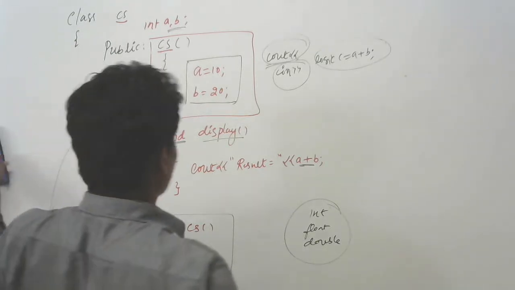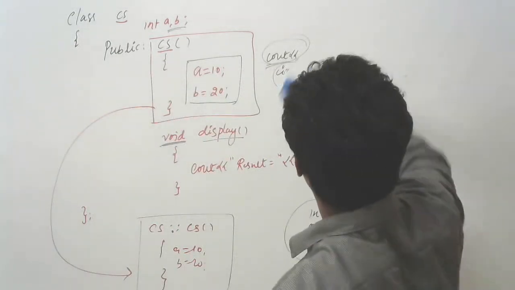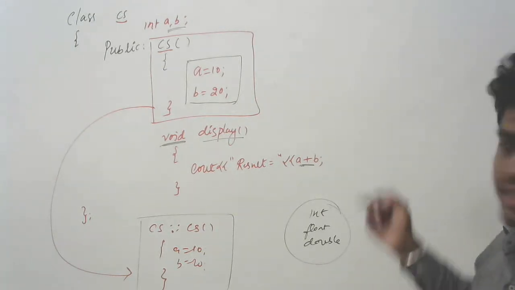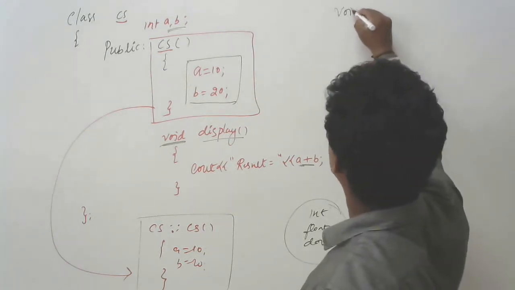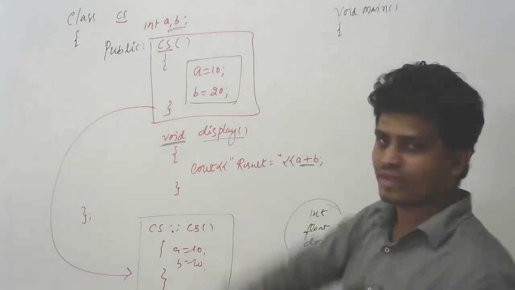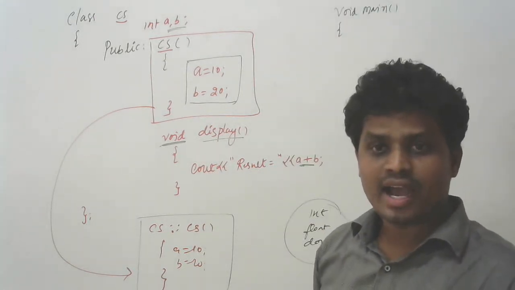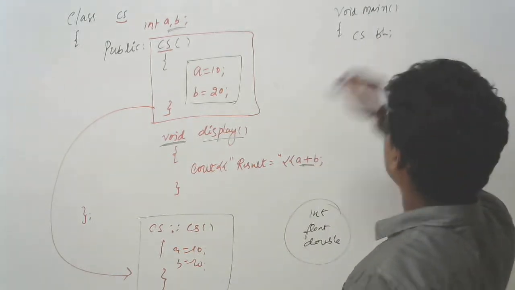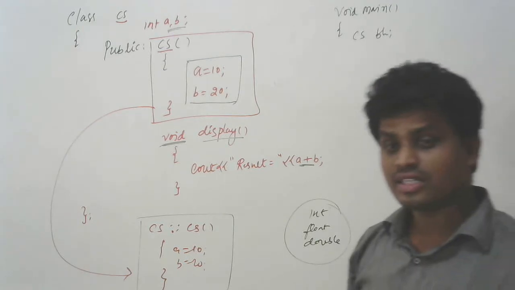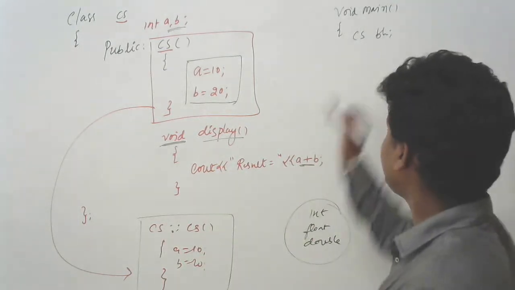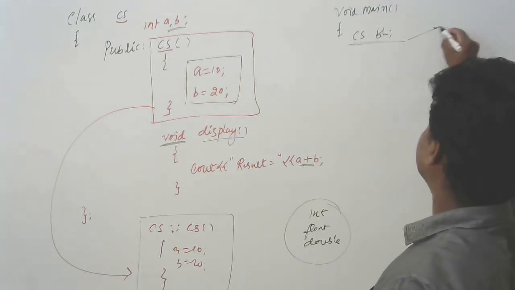The next point, to execute this particular body, as always, we need to create the reference object. And how are we creating the reference object? Inside the main block. Void main. How are you creating? As usual, class name, object name. What is the second point? Constructor will be called automatically when the object is created.